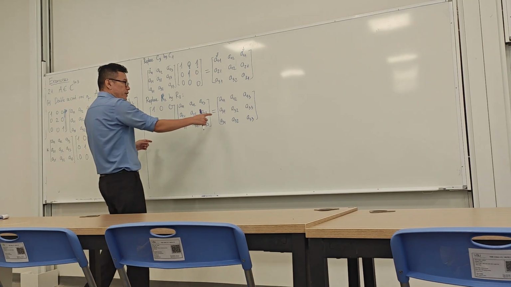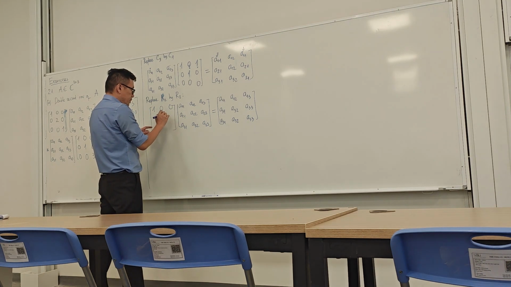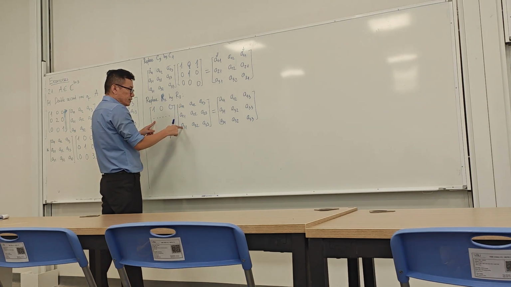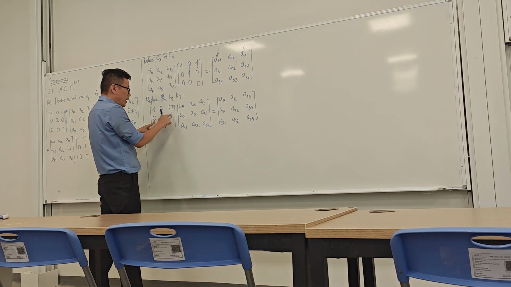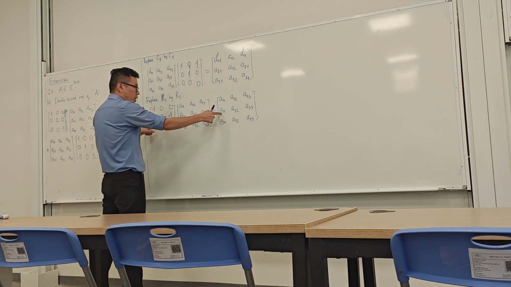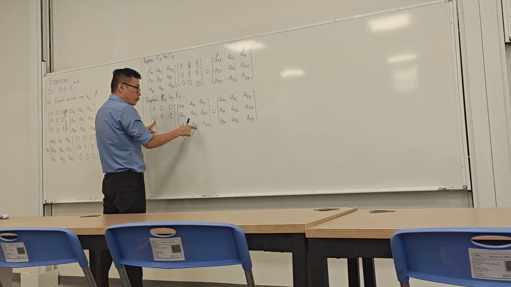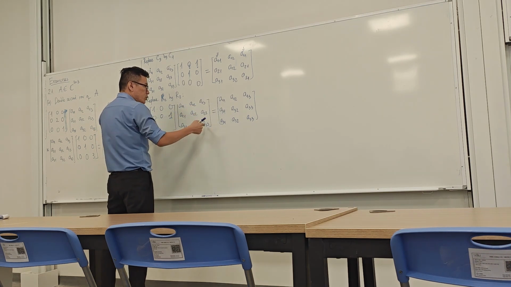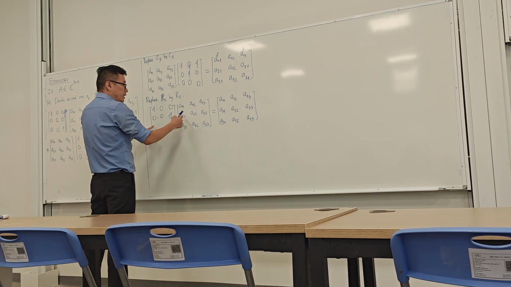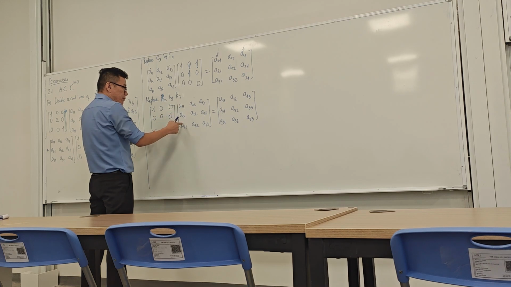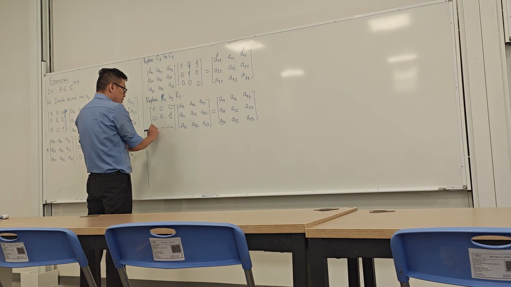Now for the next one, with this one I have A13, so maybe the number 1 should be here, and then 0, 0. Now check: this one with this gives A31, A32, A33. Now the last one, I keep it the same.